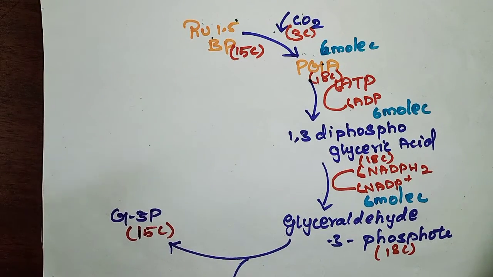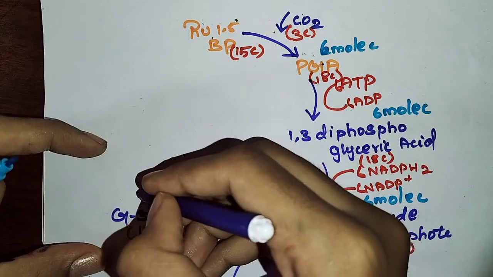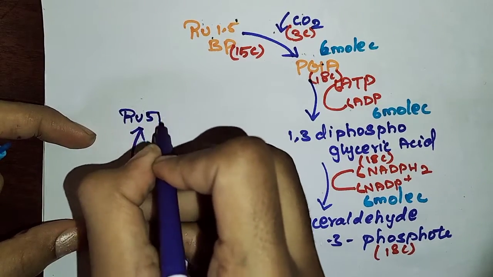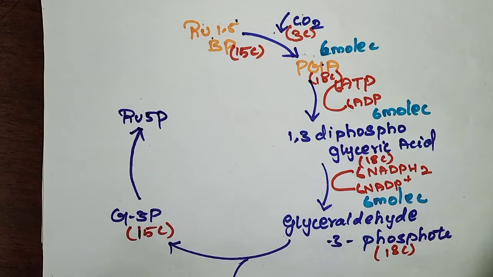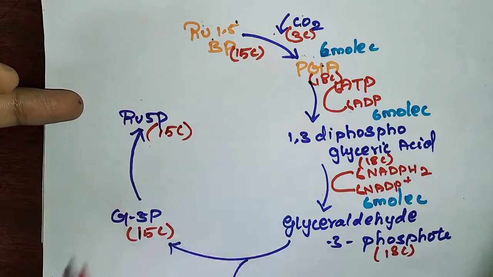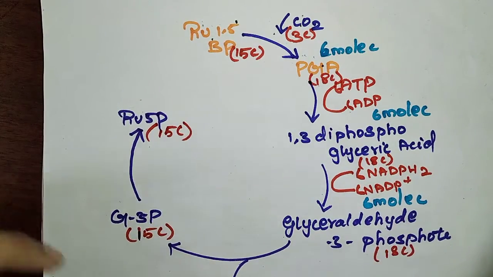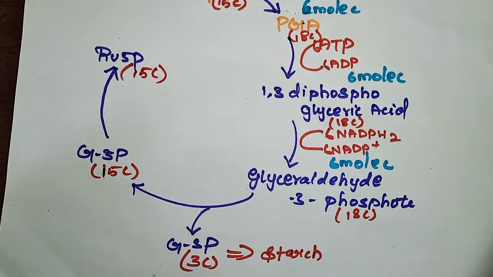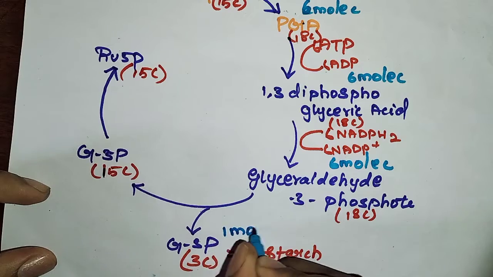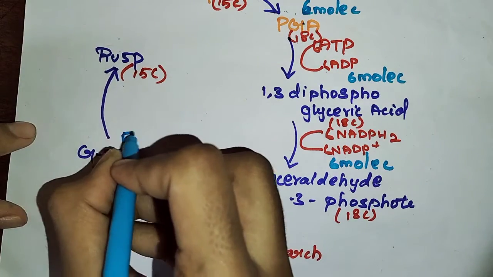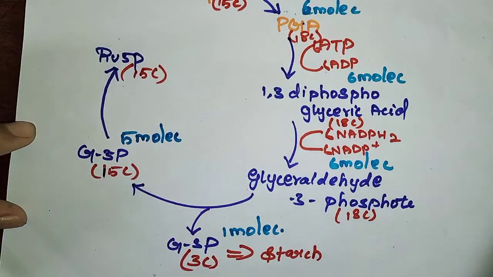Next, this glyceraldehyde 3-phosphate turns to Ru5P. This Ru5P is also 15 carbon, but of the 6 molecules I have lost one molecule here, correct? Then the rest of the 5 molecules go over here.